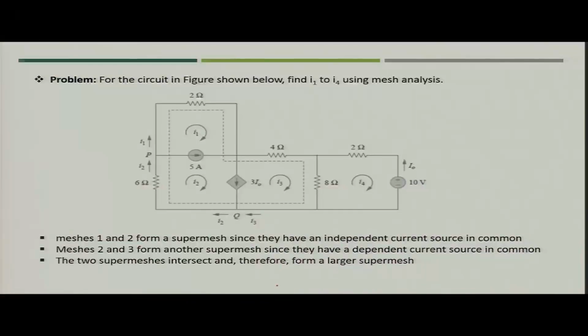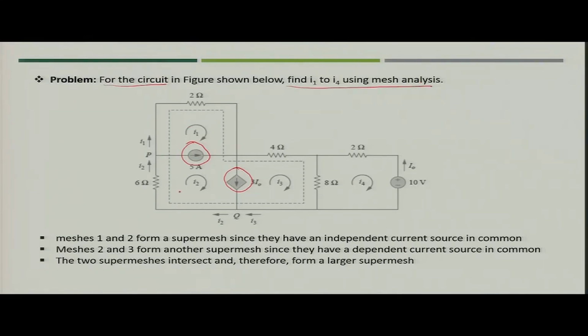Let us see one example so that you can understand what we discussed about the super mesh and the larger super mesh. Let us take this circuit. This circuit contains one dependent current source and one independent current source. We have to find the values from I1 to I4.